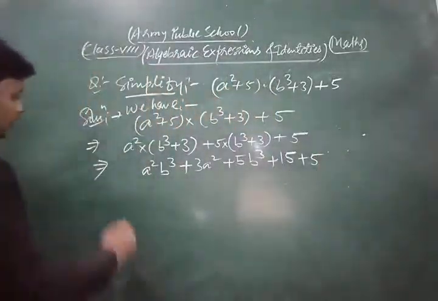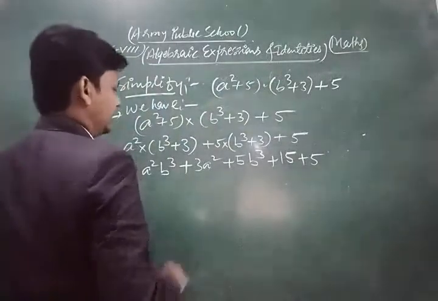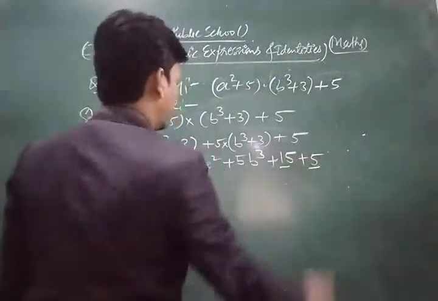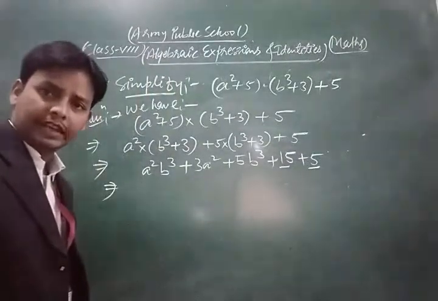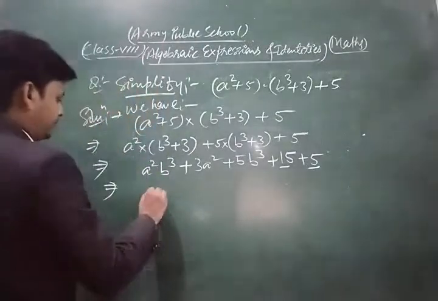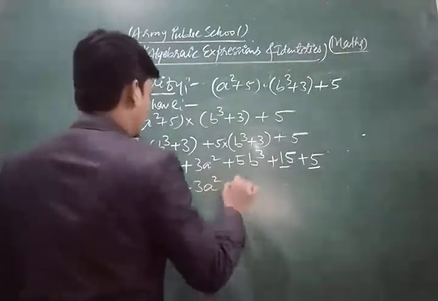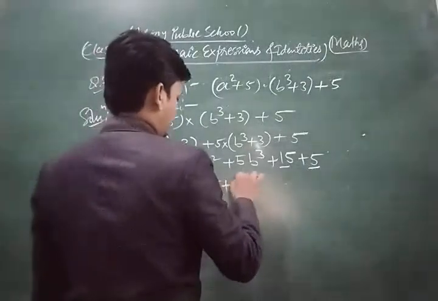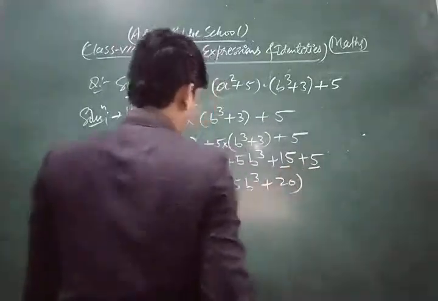Now look here, 15 and 5 are like terms, both are constants, so we add them. We have a square b cube plus 3a square plus 5b cube plus 20.